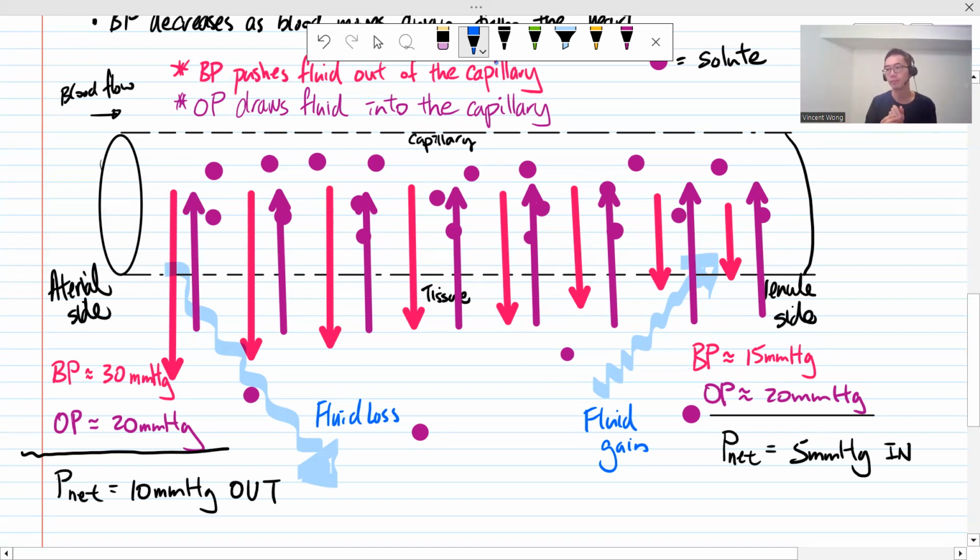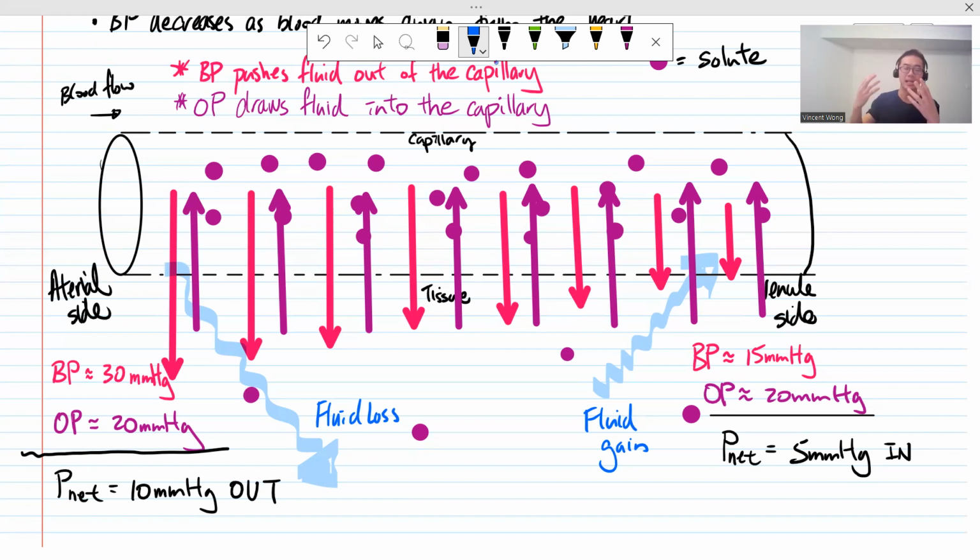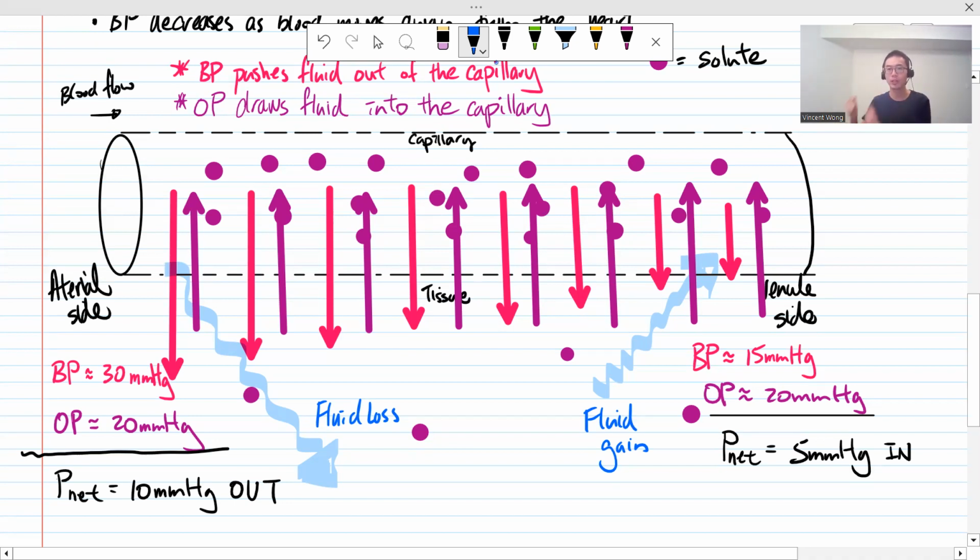Will it not cause swelling or problems? As you will see next class, it will not, unless the imbalance is really drastic. There is another drainage system in the body that will help return that fluid back into circulation. But that's the next class.